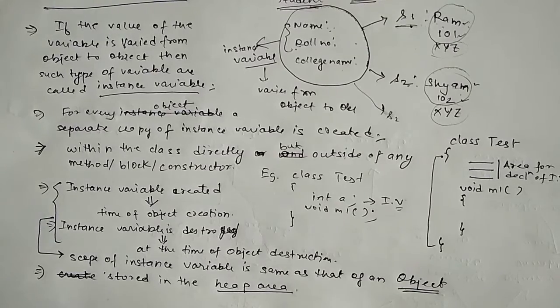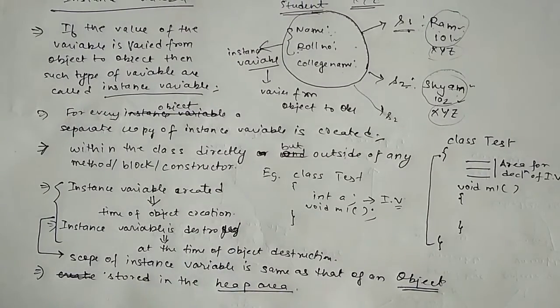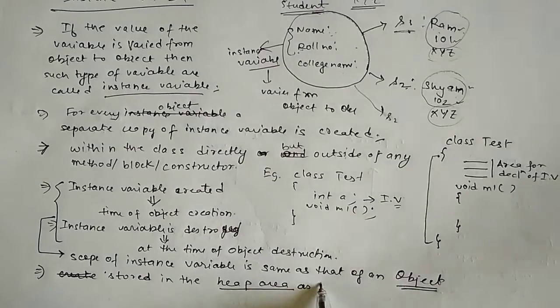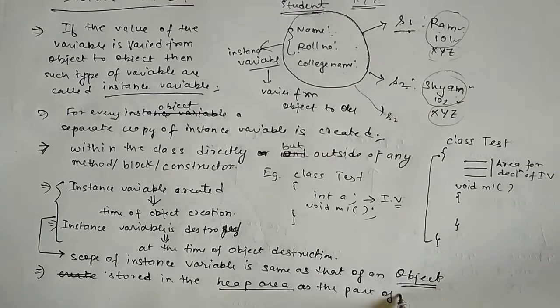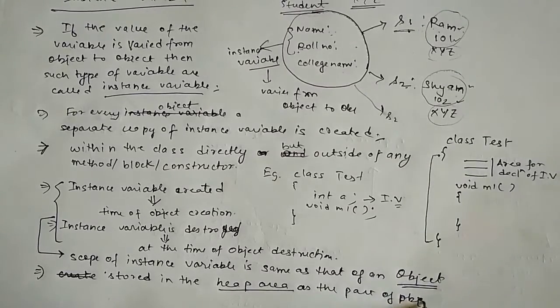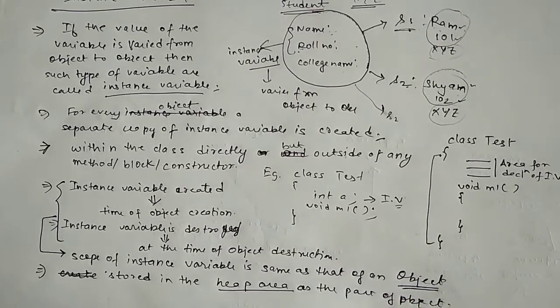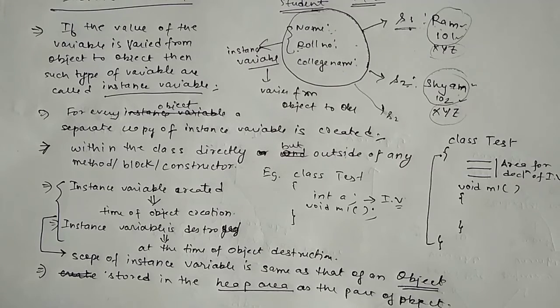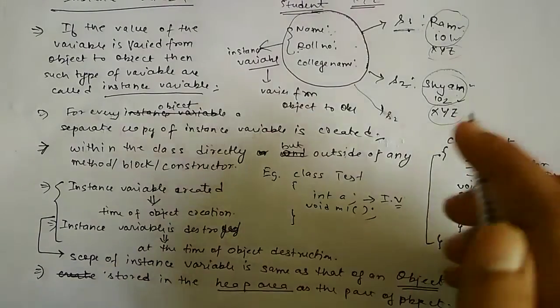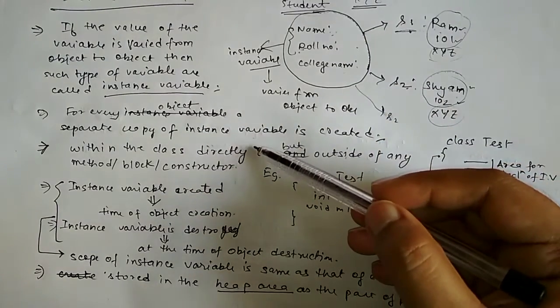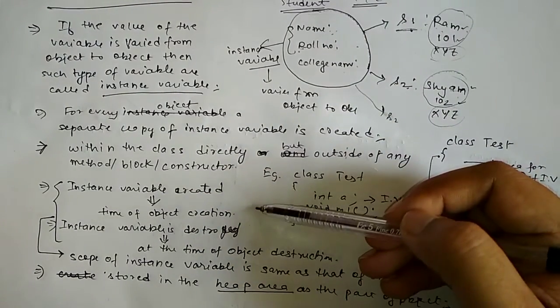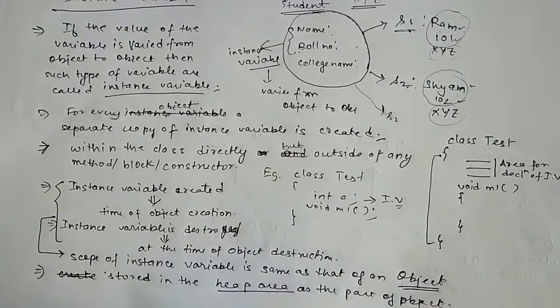So the instance variable is stored in the heap area as a part of the object. So now we know what an instance variable is, how to declare it, and what the scope of an instance variable is.